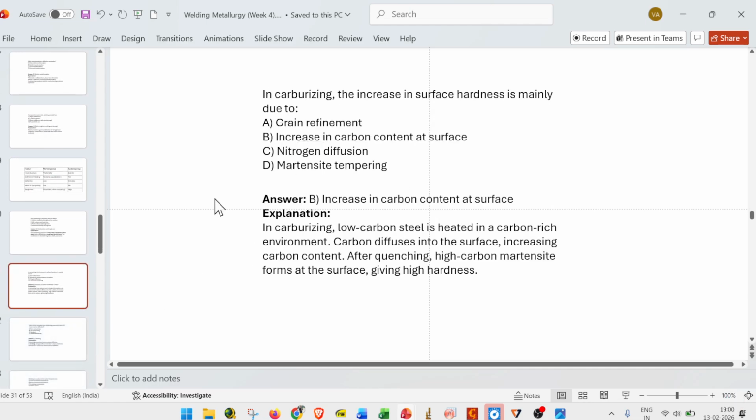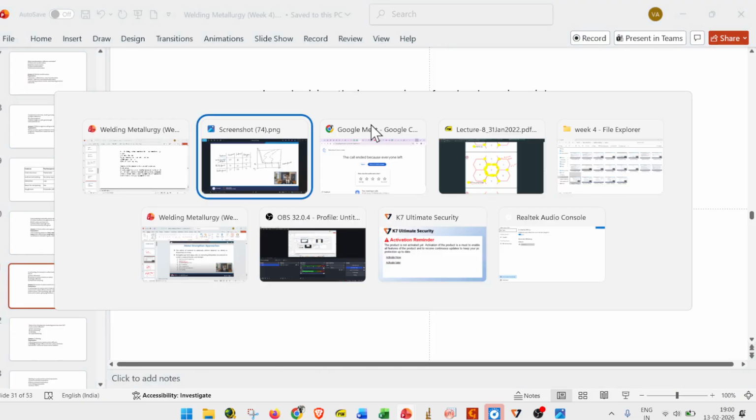Next, in carburizing, the increase in the surface hardness is mainly due to what? Carburizing is nothing but increasing the carbon content of the surface. In this case, we can do it in three ways: in solid form, with charcoal and other materials, in gas form, or in liquid form.